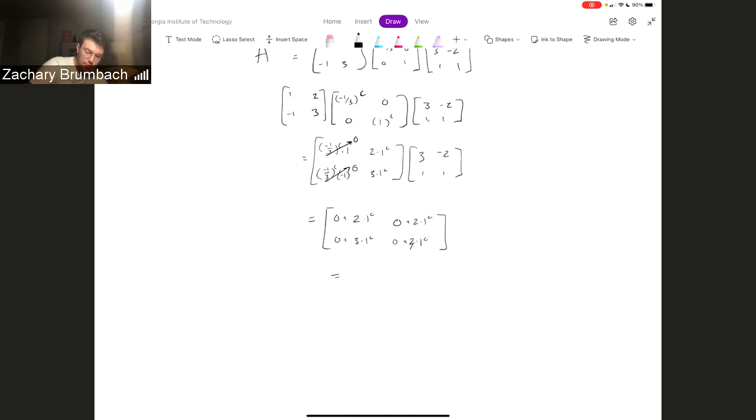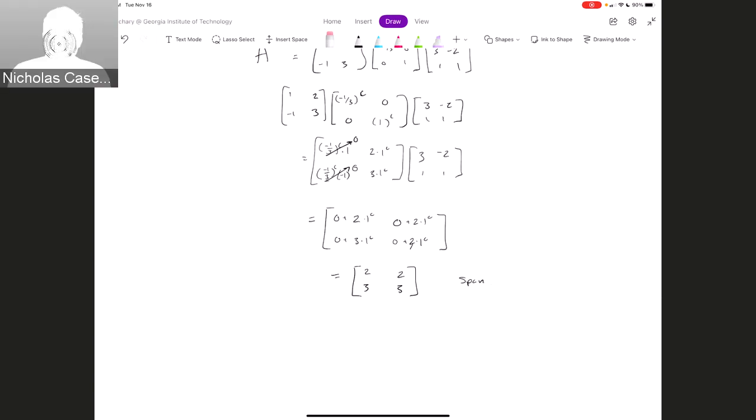Okay, so when you have 1 to the c, it's just 1, right? So this gives you 2, 3, 2, 3. Okay, and what is the span of this? 2, 3.